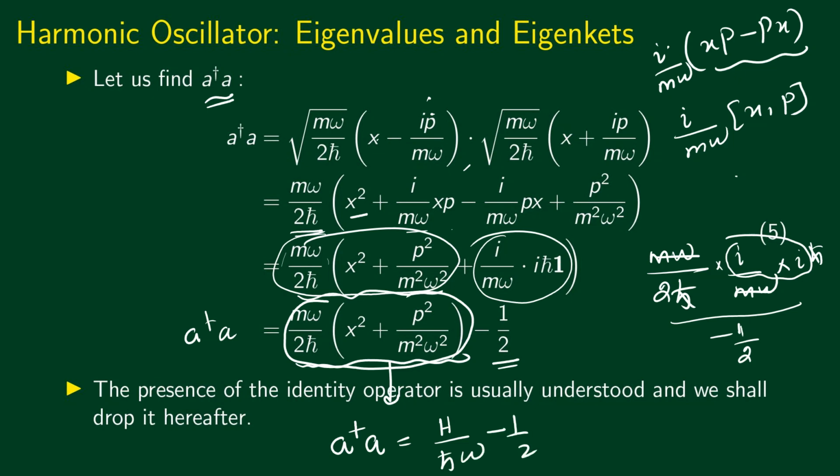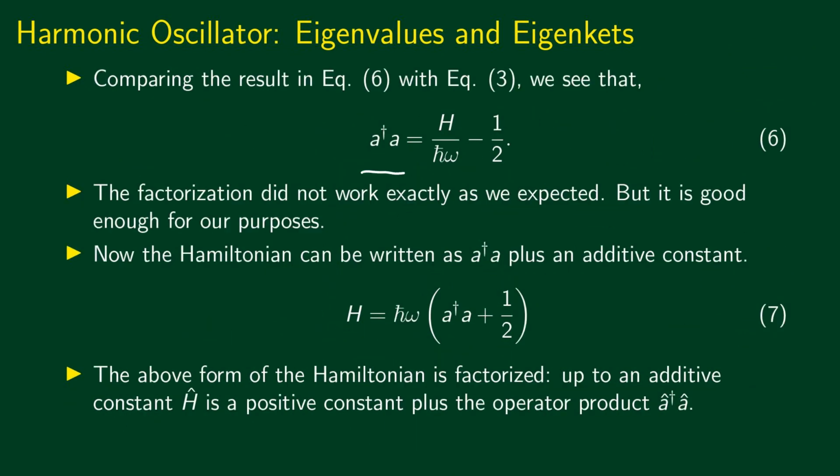We attempted to factorize H divided by ħω as A dagger A, but we see that it's not A dagger A exactly, it's A dagger A plus half. We have found that A dagger A is equal to H divided by ħω minus half. This means that H divided by ħω is equal to A dagger A plus half.